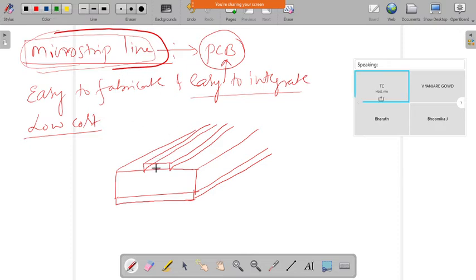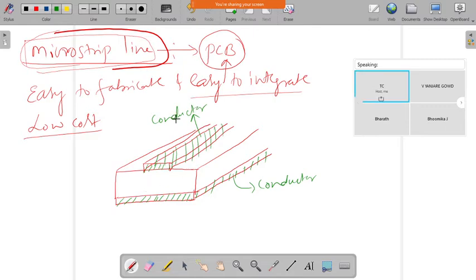Here we have the upper part, the green colored one, which we call the conductor. Any conductor you can take, and this is the ground plane, which is also a conductor. Whatever green color I am showing here are all conductors, and this strip is also a conductor.